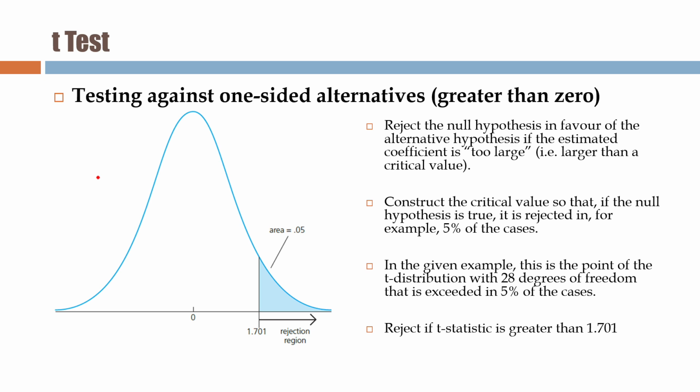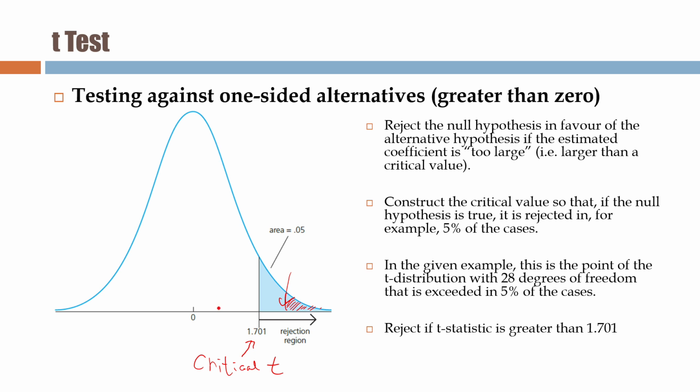We will find out the t. This is a t distribution, and this is the critical t. If our t falls here, then you can tell the probability of getting this t by chance is smaller than 5%, so we reject our null hypothesis.